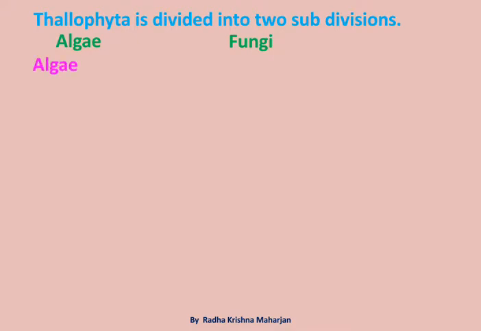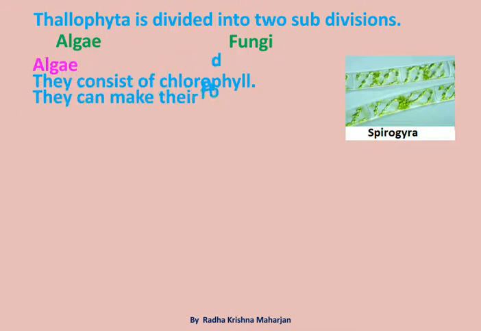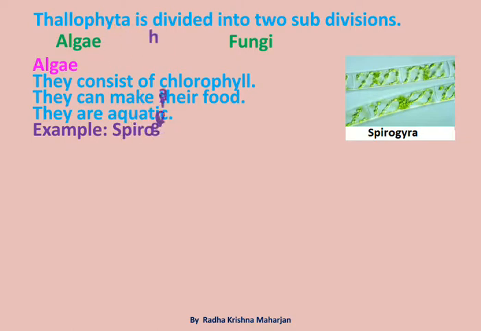Algae. They consist of chlorophyll. They can make their food. They are aquatic. Example: Spirogyra, Chlamydomonas.